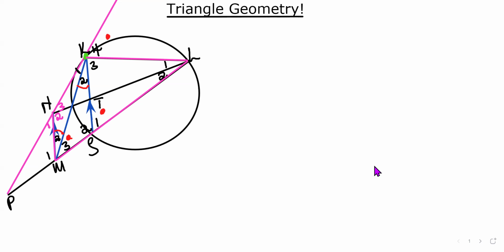Then can anyone else tell us something different? What else can we do? Because you need to know everything that you can do in order to prove that something is a cyclic quad, just in case in the exam they don't give you the one that you like. So yes, anyone else? Yes, I think we can prove if two equal angles subtend the same arc or chord.